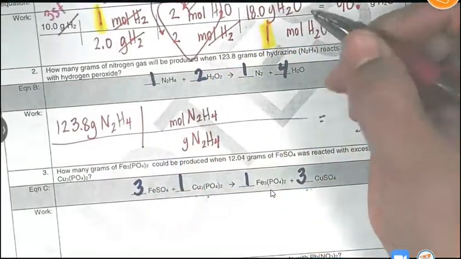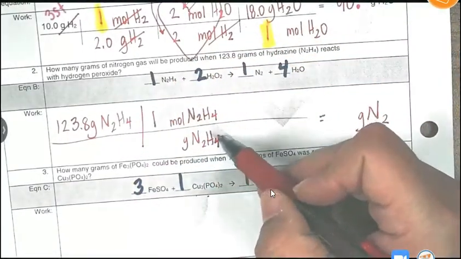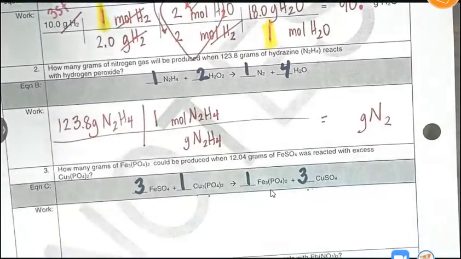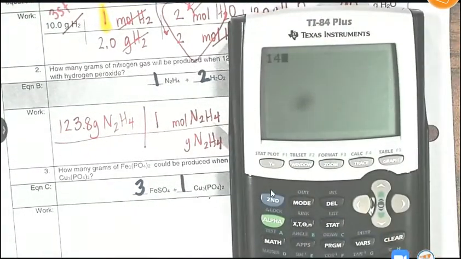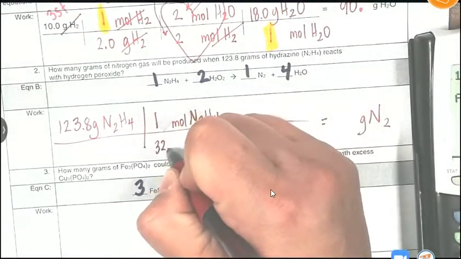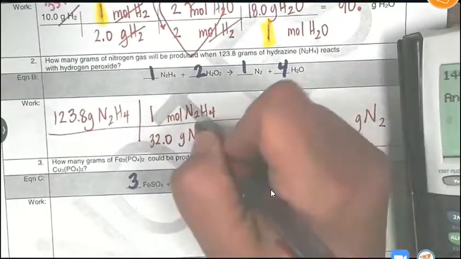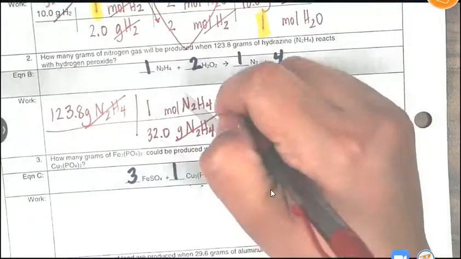This isn't a mole ratio, so 1 goes with the mole. To figure out what number goes here, I have to use the periodic table. So I know that the molar mass of nitrogen is 14, so 14 times 2 is 28, plus 4, because 4 times 1.0 is 4.0, I get 32. So 32.0 is the molar mass of N2H4. That cancels. Now I got to go to the next step.